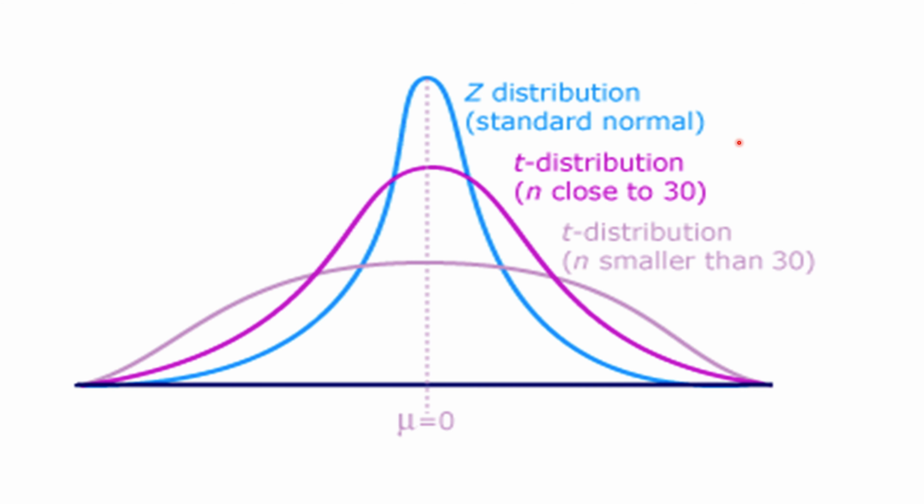Here is a picture of the z-distribution and the t-distribution when the sample size is close to 30, and the t-distribution with a small sample size. You can see that no matter whether we have a big sample size or small sample size, the t-distribution is always symmetric about mu equals 0.